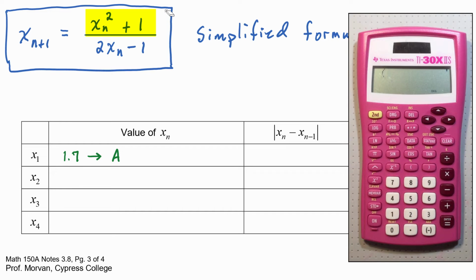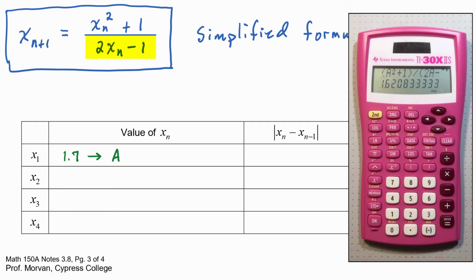So we start with the left parenthesis and we put memory variable A squared plus 1, close the set of parentheses, and divide by this denominator, which also needs to go in a set of parentheses. So we've got 2 memory variable A minus 1. Close your parentheses and hit enter.